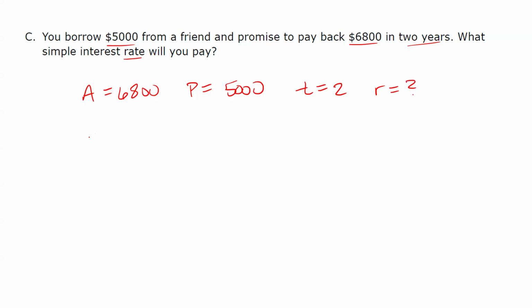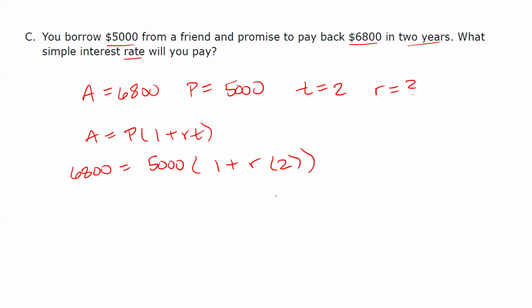Okay. So our formula is A equals P times 1 plus RT. So let's substitute in our values for each letter. So 6,800 is A, P is 5,000. Then we have 1 plus R times 2.